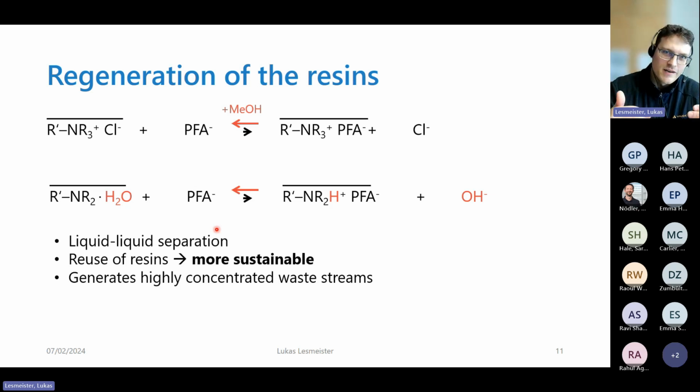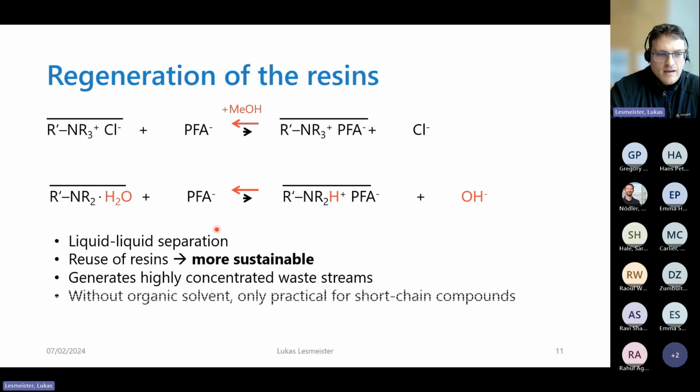And if we don't want to release the PFAS from there into the environment again, then we need to pair it with appropriate destruction technologies. And even if we use weak basic resins for long chain PFAS, the hydrophobic interactions may still be too strong to work with a pure aqueous solvent or water, and we need to use an organic solvent.